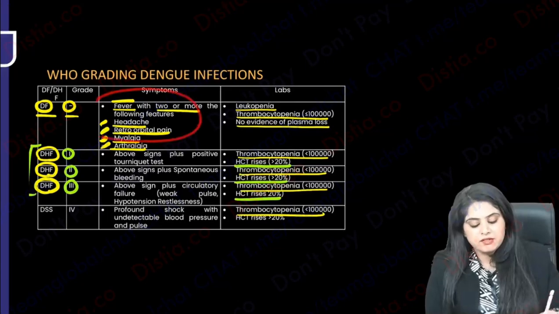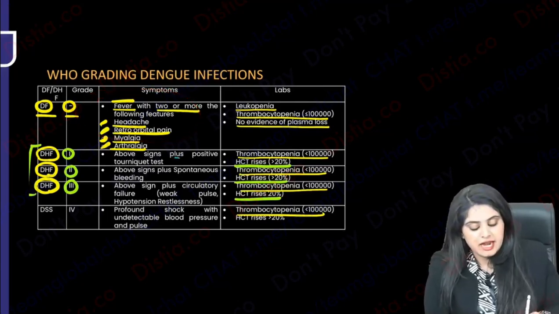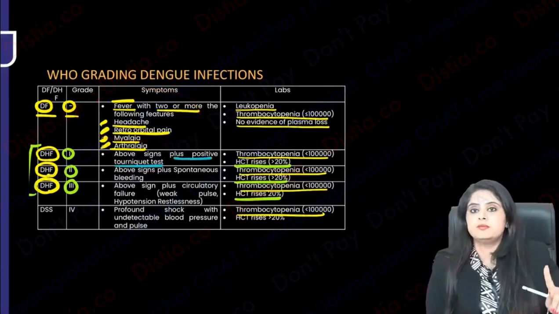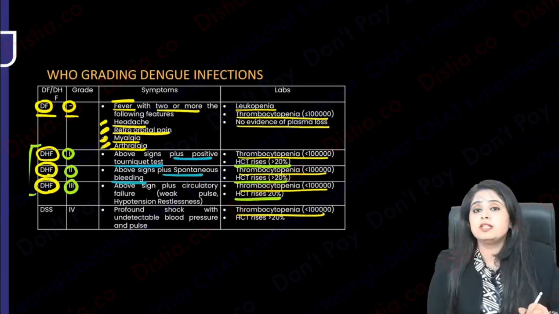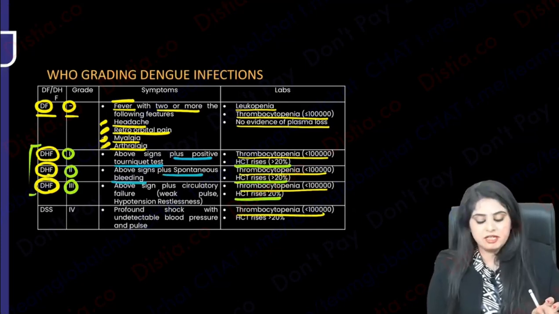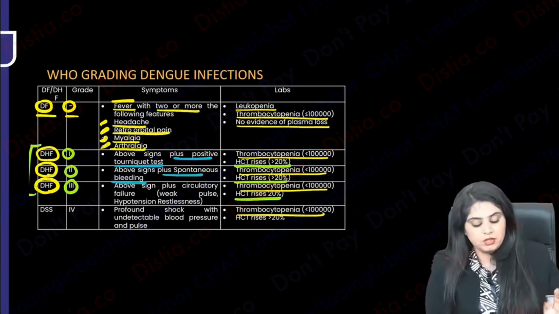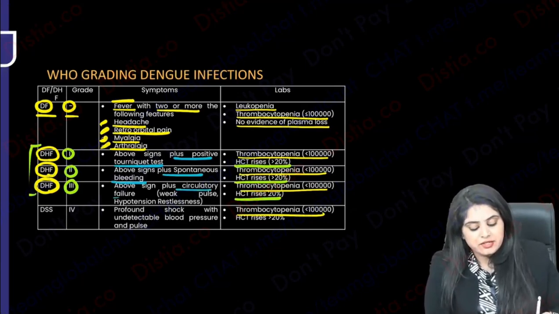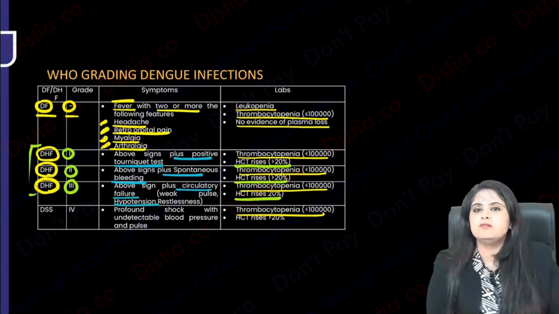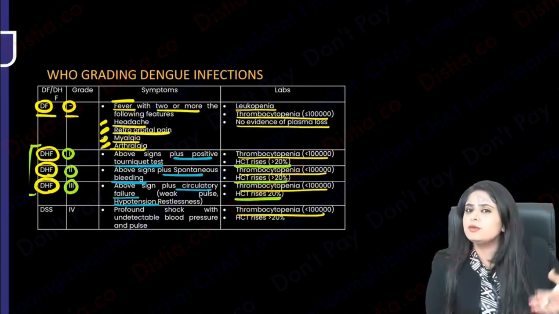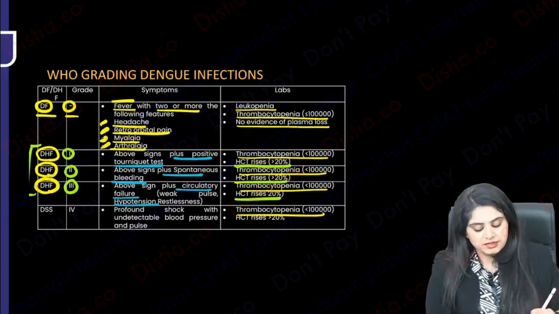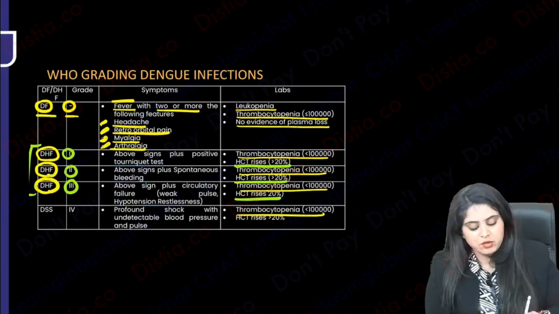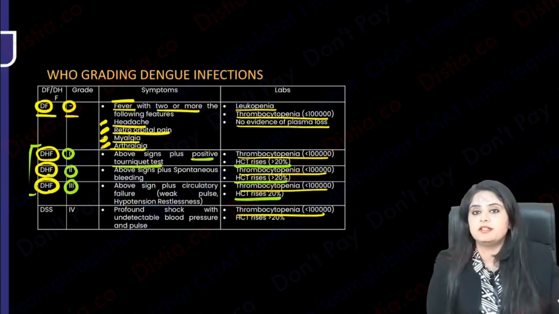Whatever I studied for dengue fever, if I just add a tourniquet test to it, it becomes grade 1. Further, if there's so much decrease in platelet count that the person has started having spontaneous bleeding, that is grade 2. And if there is a circulatory failure in terms of hypotension, weak pulse, that he's slowly going towards shock, that becomes grade 3. Repeating this once again: if only a positive tourniquet test has come, that is grade 1.